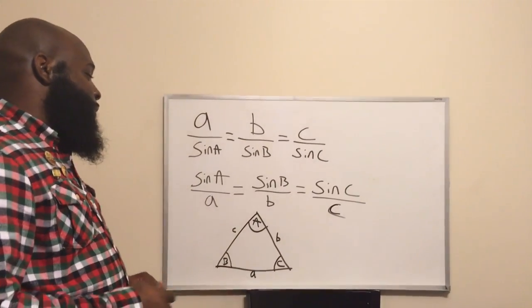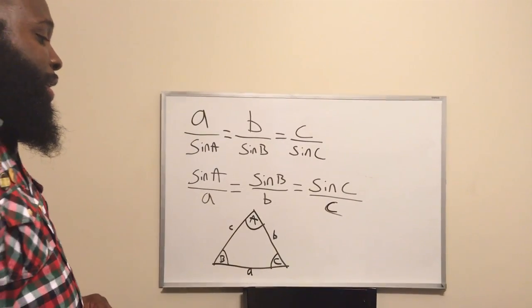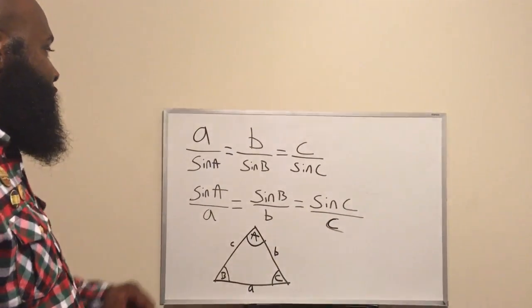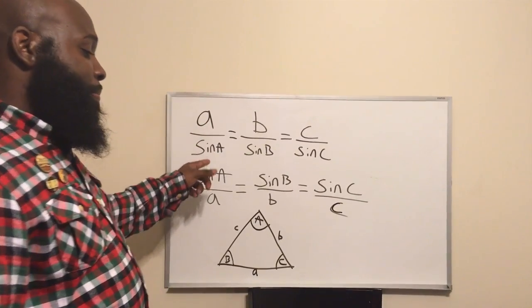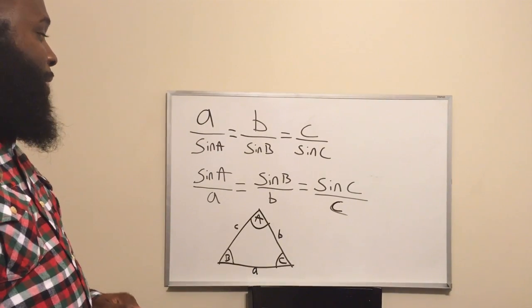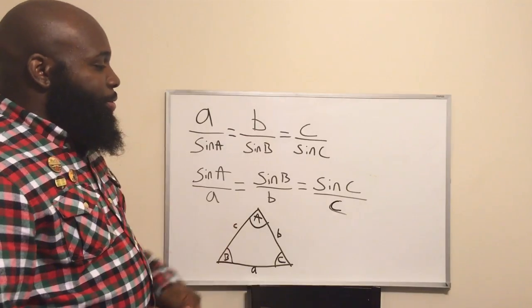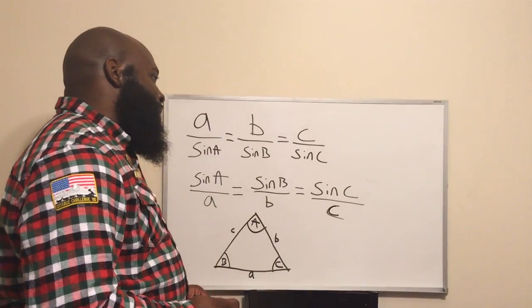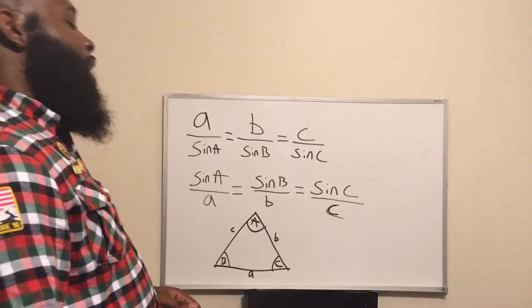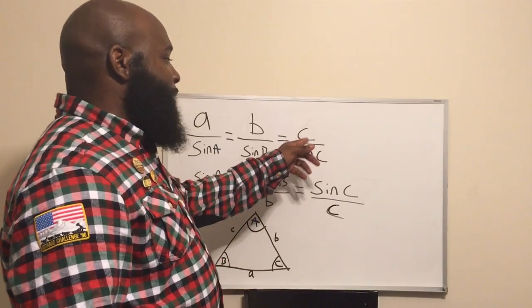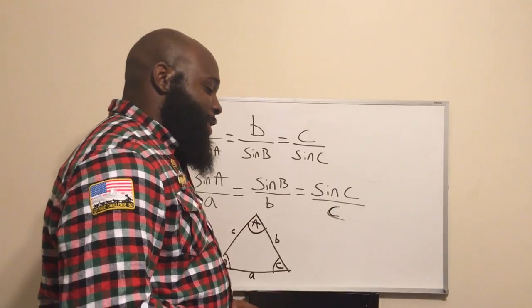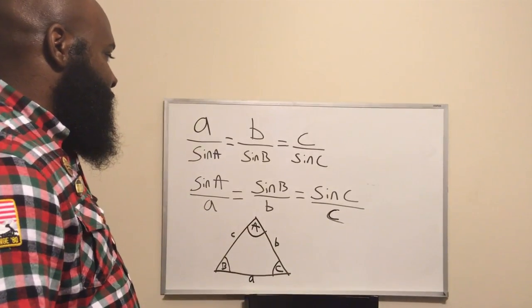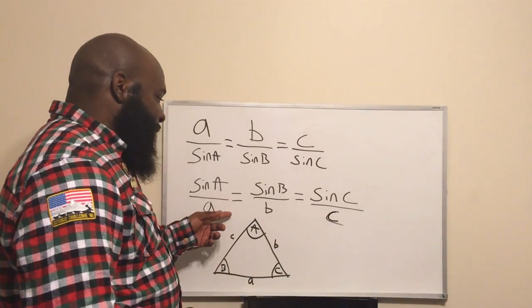What you have here is saying that when we divide side A by the sine of angle A, that is equal to side B divided by the sine of angle B, and it is also equal to side C divided by the sine of angle C. And this is just vice versa.